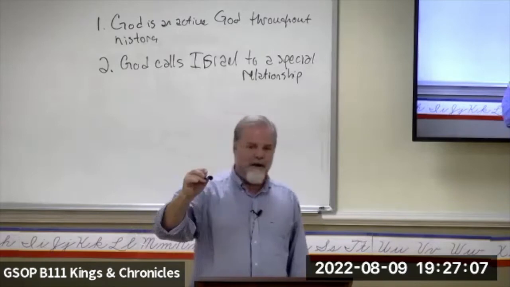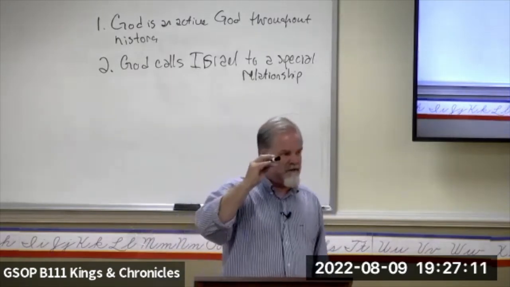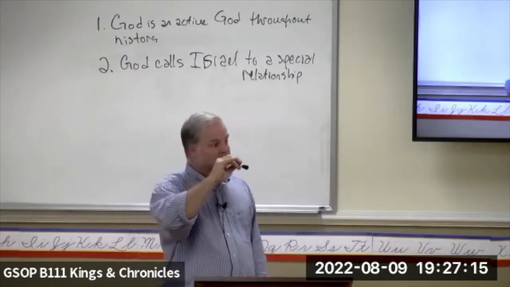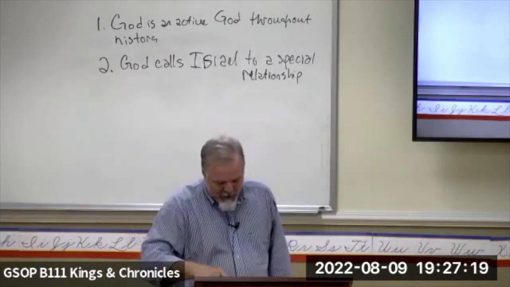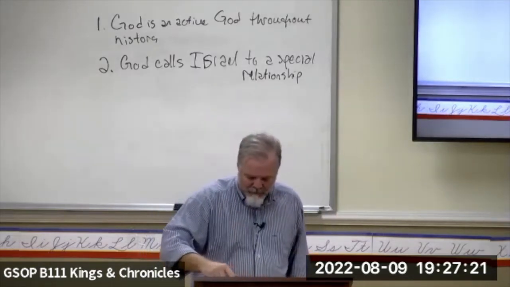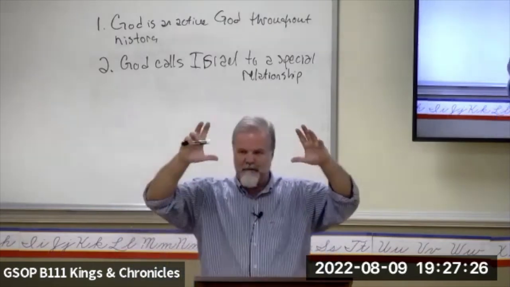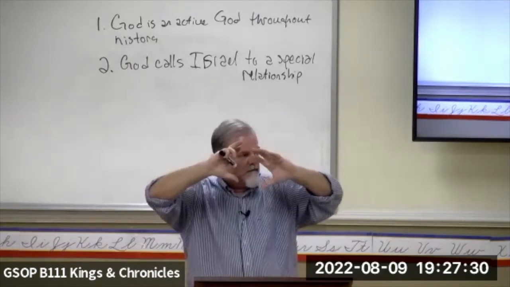To no one else did he give the law. To no one else did he send the prophets. With a few exceptions, he called Israel to a very special relationship. And the call begins with the genealogies. It starts with all mankind, from the beginning of Adam.